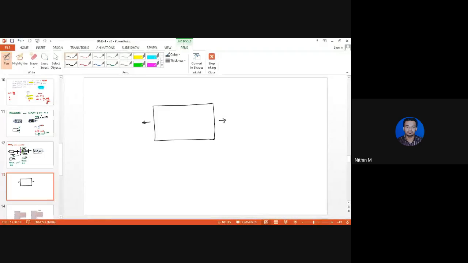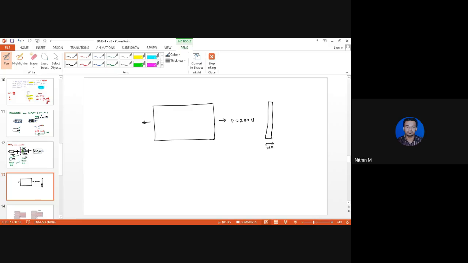This plate is subjected to a tensile force of magnitude 2000 newtons. Now the cross-sectional area of the plate, when viewed from the side, right? So consider this to be 10 mm thick.